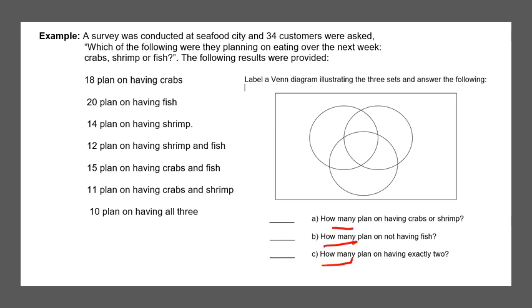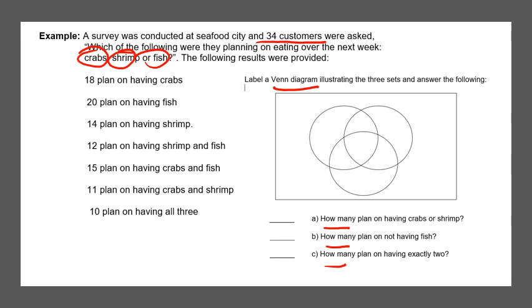We're trying to count. Well, once again, we have 34 objects which are being labeled crab, shrimp, fish, and we're trying to count how many. So again, this suggests a Venn diagram.